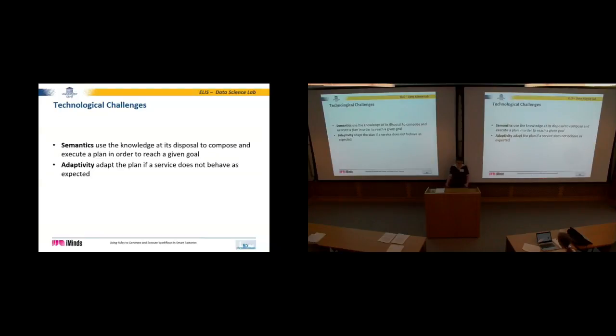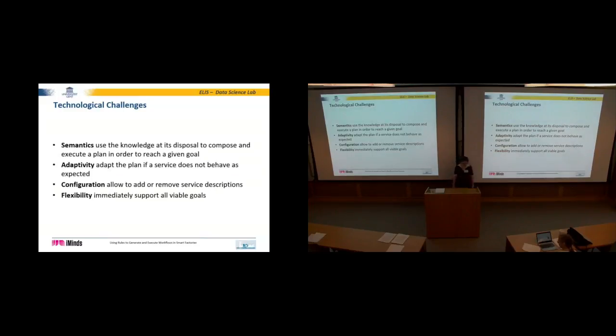So if something does not work as expected, our system should adapt and find a different path, find a different solution. Then it should be configurable. So if I buy a new machine, it should be easy to add it into my system. Or if I don't want to use a machine anymore, I should also be able to just remove it.